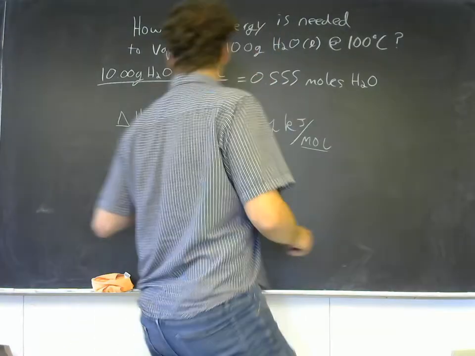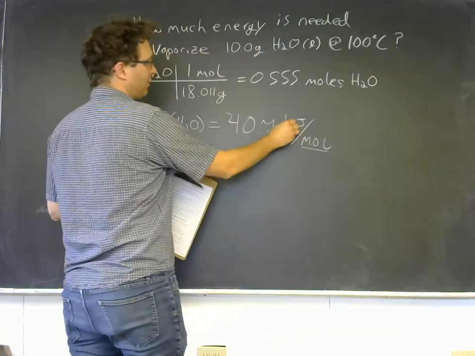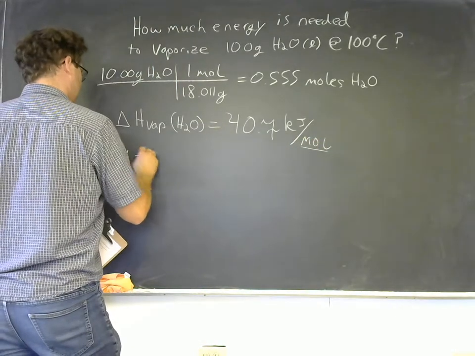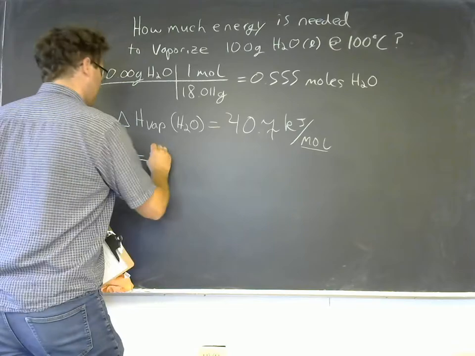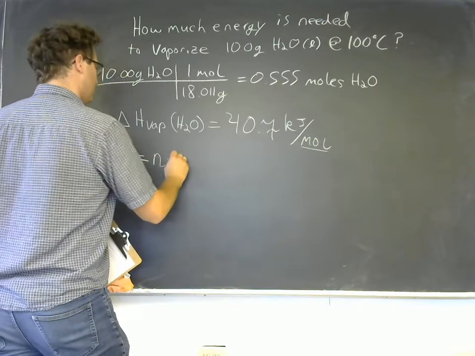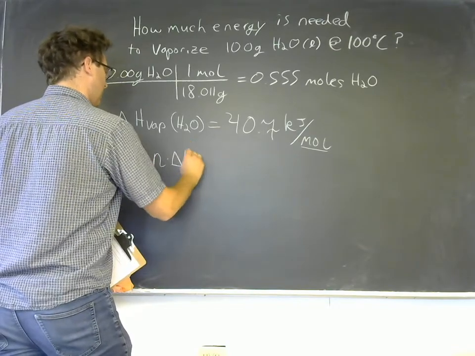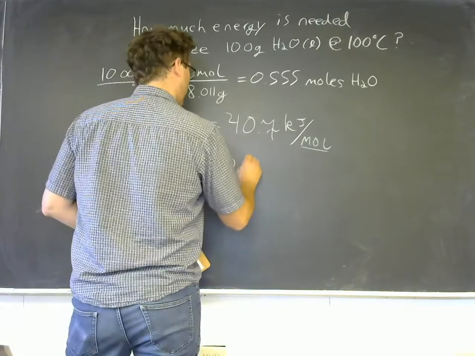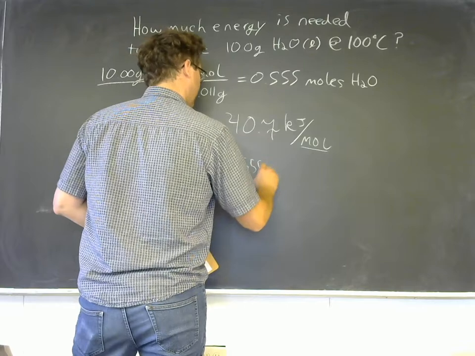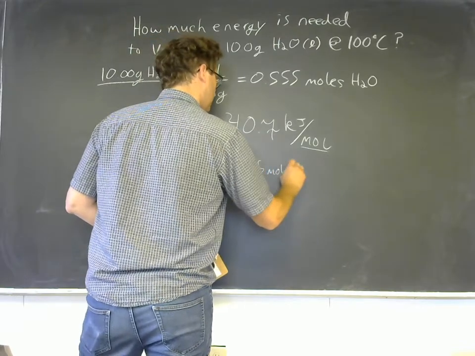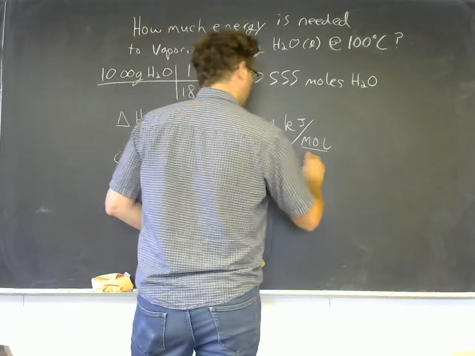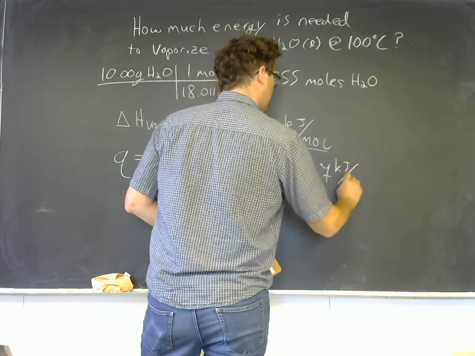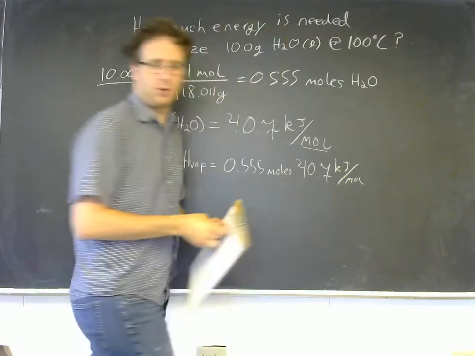And then this enthalpy of vaporization gives us kilojoules per mole. And so the equation that we would want to use is the total heat Q is equal to n, the number of moles, times the enthalpy of vaporization. So this is going to be 0.555 moles times 40.7 kilojoules per mole.